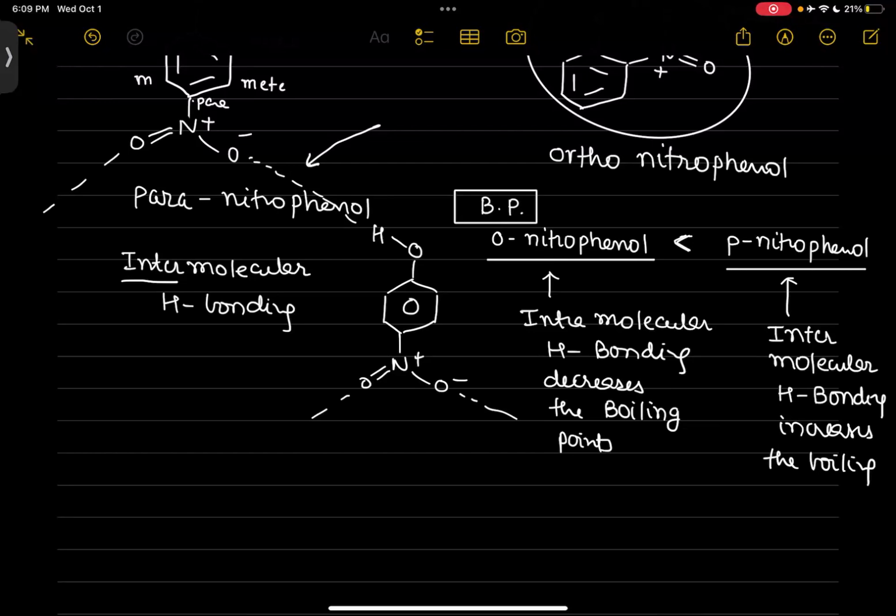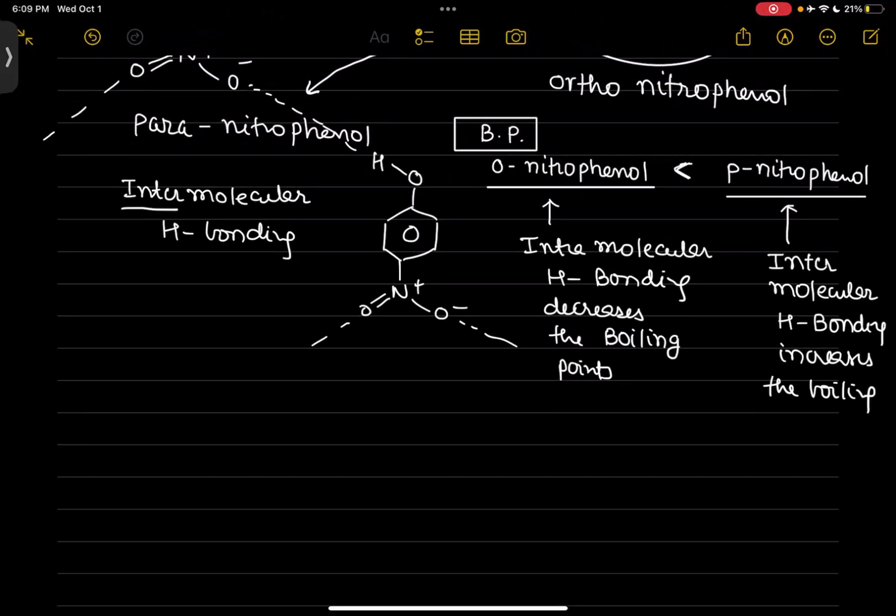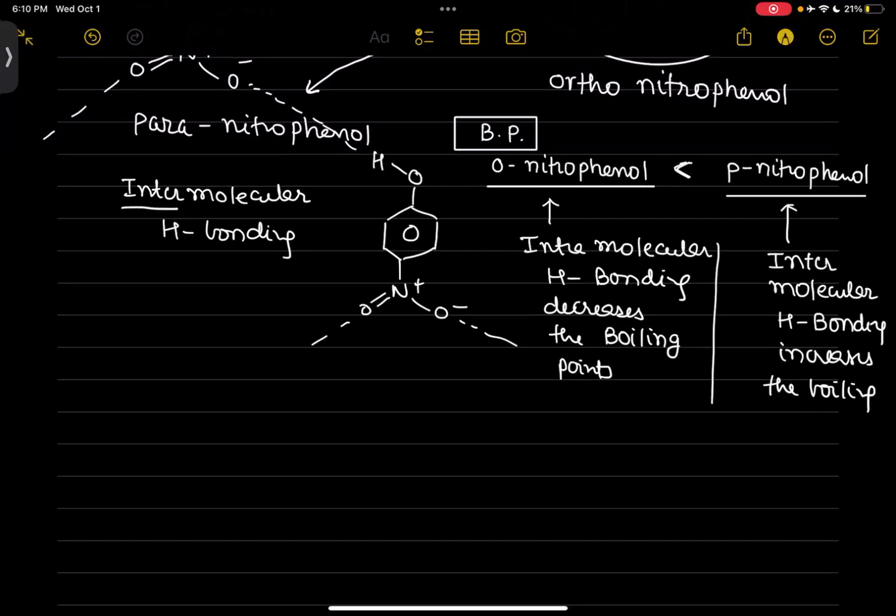Or is there a certain characteristic of the atom to which it is attached so that it can participate? Hydrogen atom attached to which type of atom can participate in hydrogen bonding? Only the hydrogen which is directly linked to an electronegative atom can participate in hydrogen bonding. Is it clear or not?